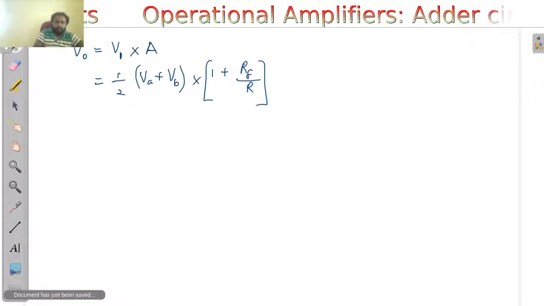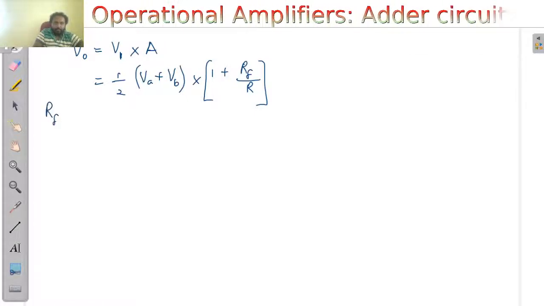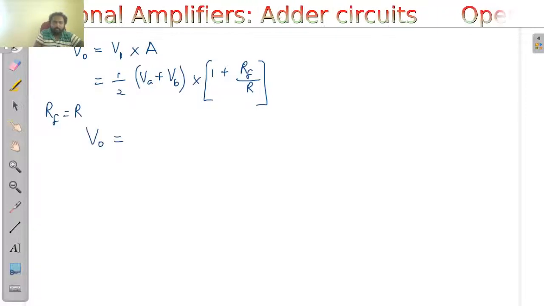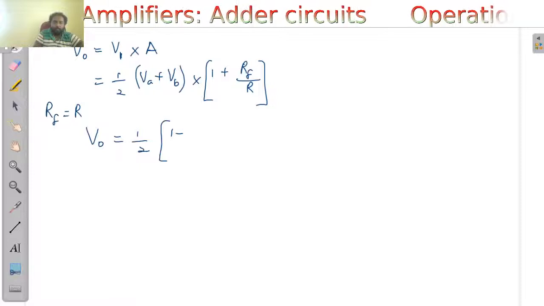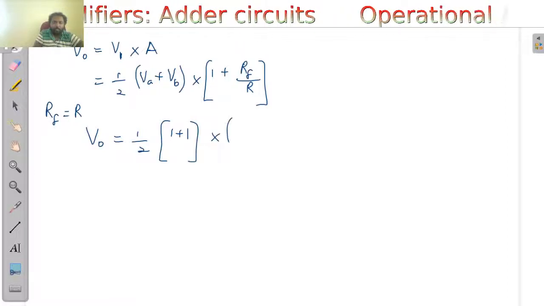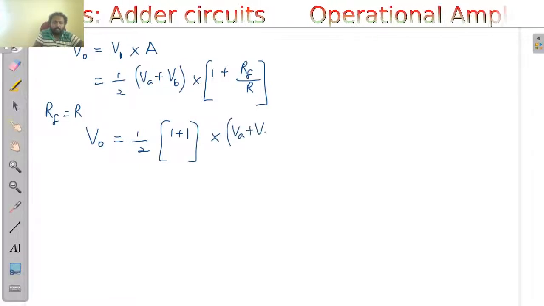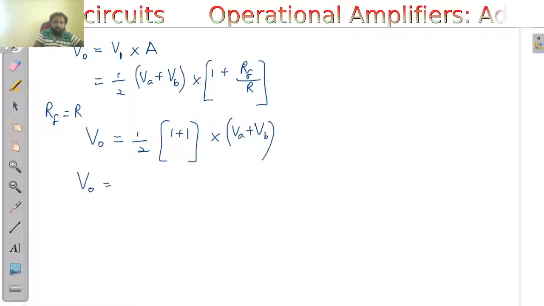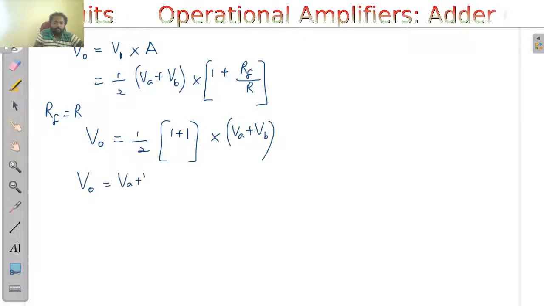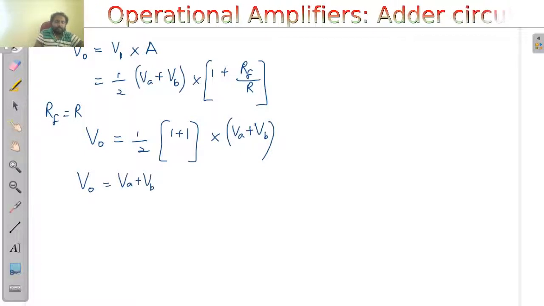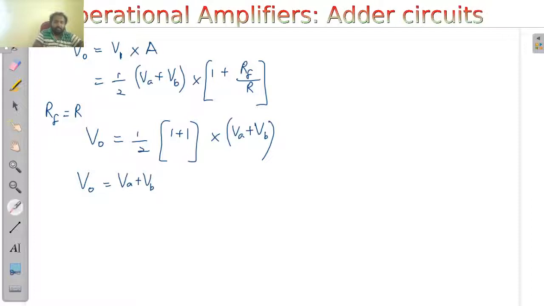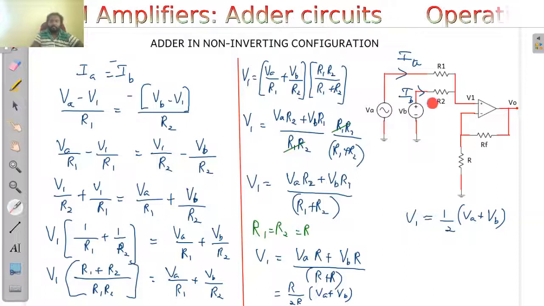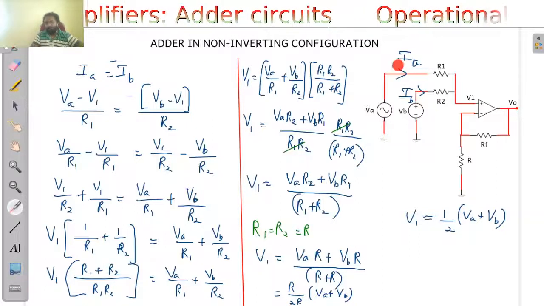So let us assume RF equal to R, so that will give you an output voltage VO equal to half into 1 plus 1 times VA plus VB, and this will give you an output voltage equal to VA plus VB. So there is no negative sign here, because it is not an inverting configuration. So this is the essence of adder in non-inverting configuration.